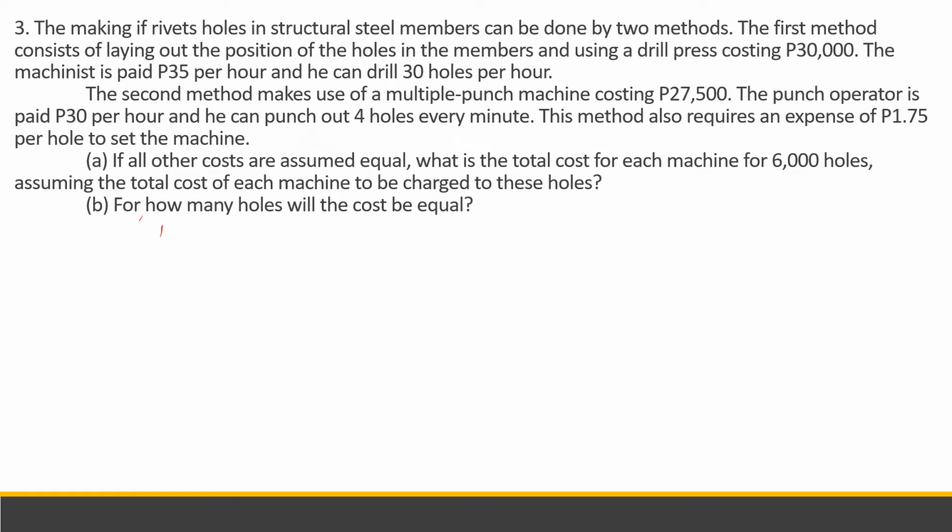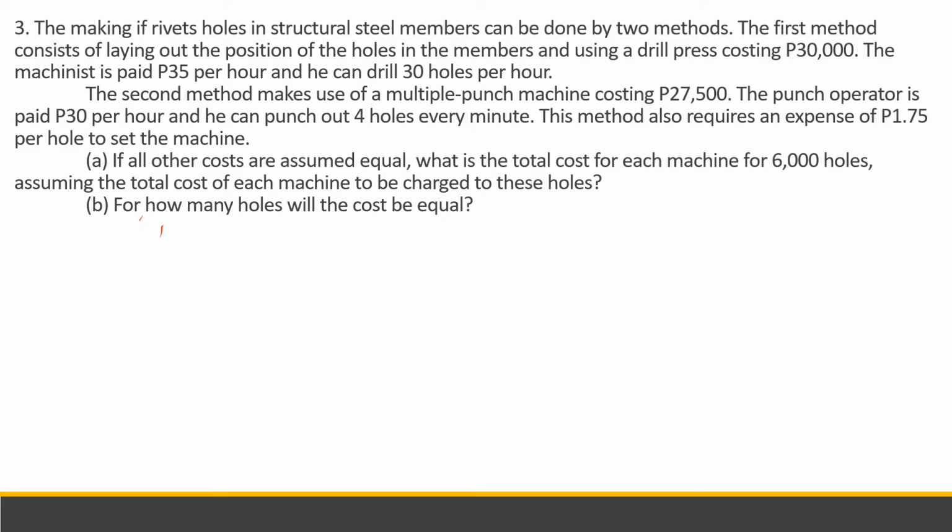Okay, so problem number 3. The making of rivet holes in structural steel members can be done by 2 methods. The first method consists of laying out the position of the holes in the members and using a drill press costing 30,000 pesos. The machinist or the operator is paid 35 pesos per hour and he can drill 30 holes per hour.